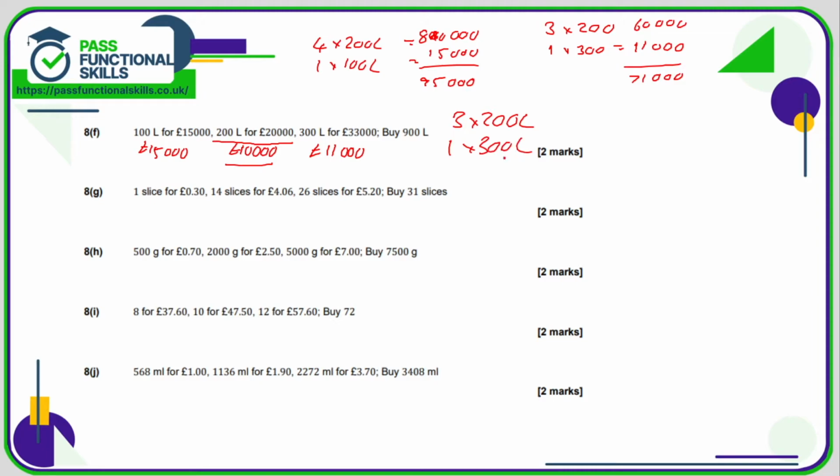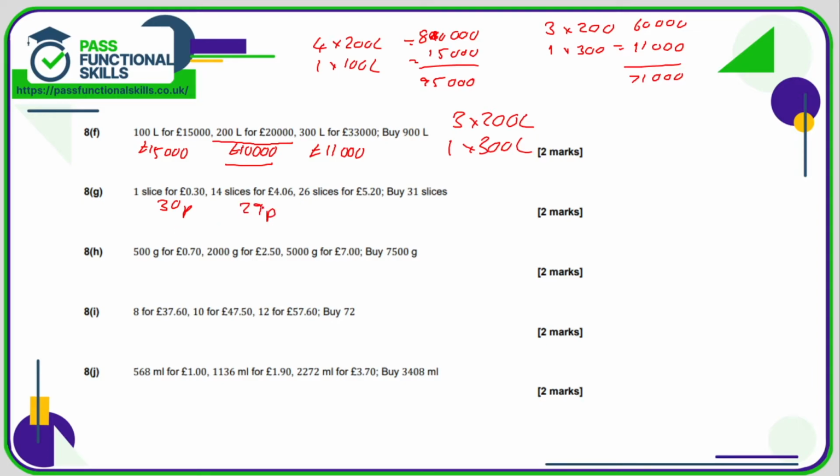300 litres. For 8G, we're going to work out the price per slice. So we know that this is 30 pence per slice. For the next one, we need to do £4.06 divided by 14, and that works out as 29 pence per slice.